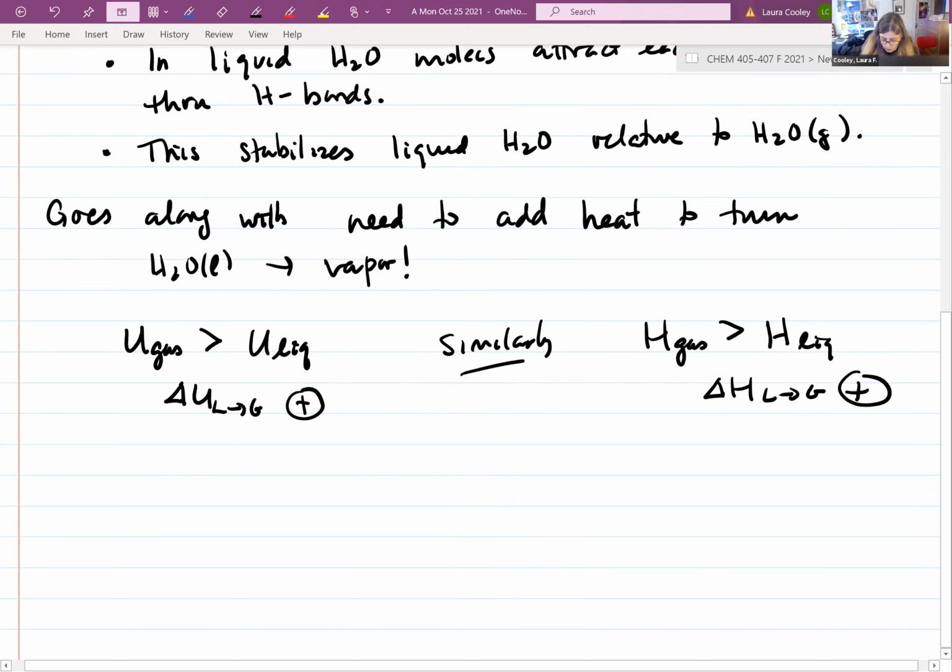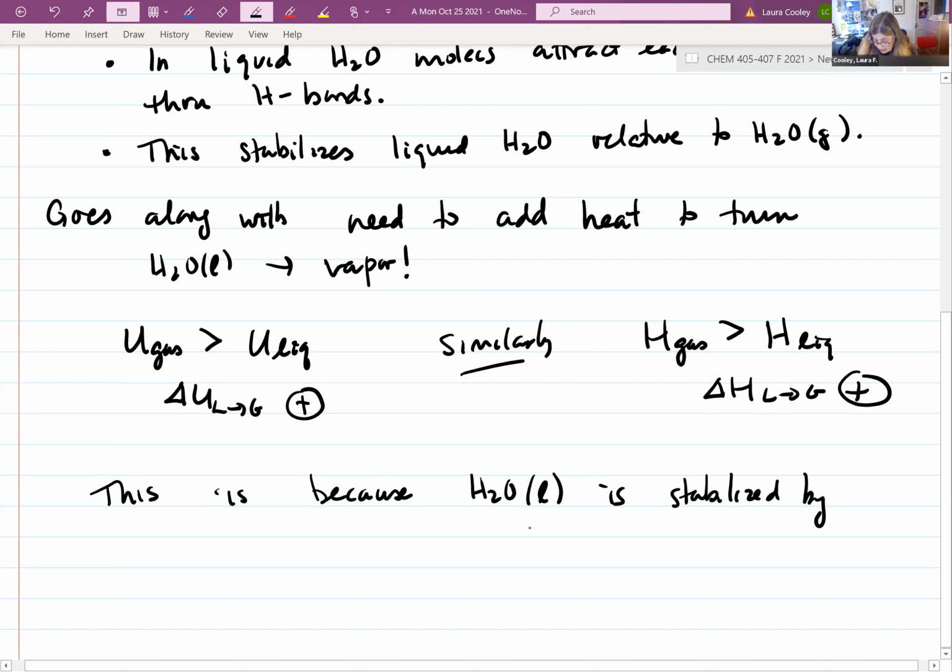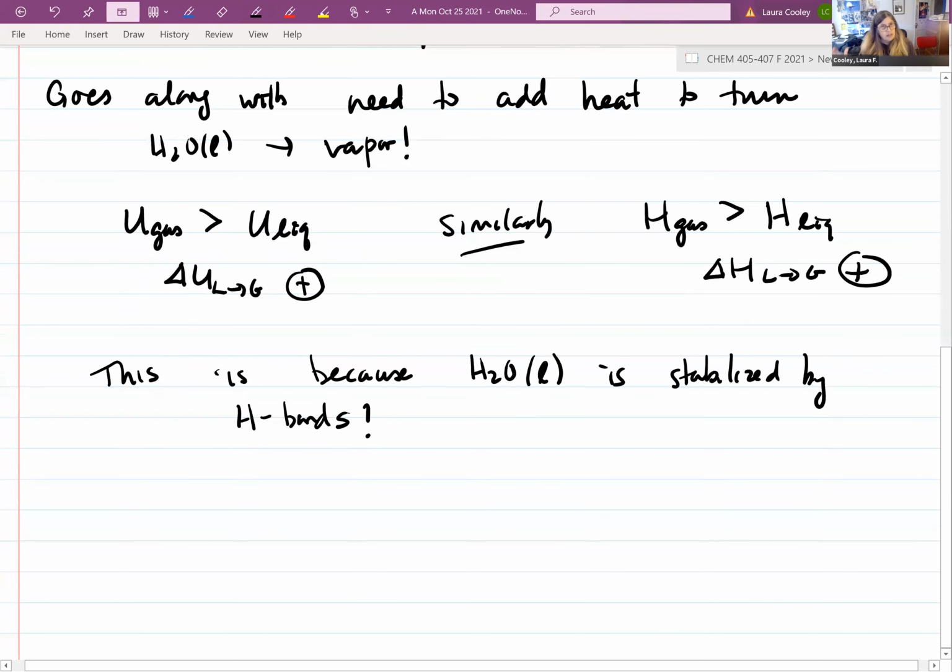But the reason for U gas being greater than U liquid is the same as the reason why H gas is greater than H liquid. This is because water is stabilized by hydrogen bonds. Okay, so it's the same. So the enthalpy is not really such a mystery.